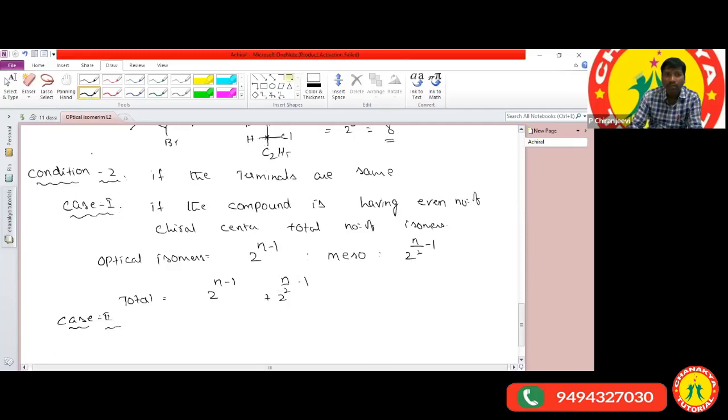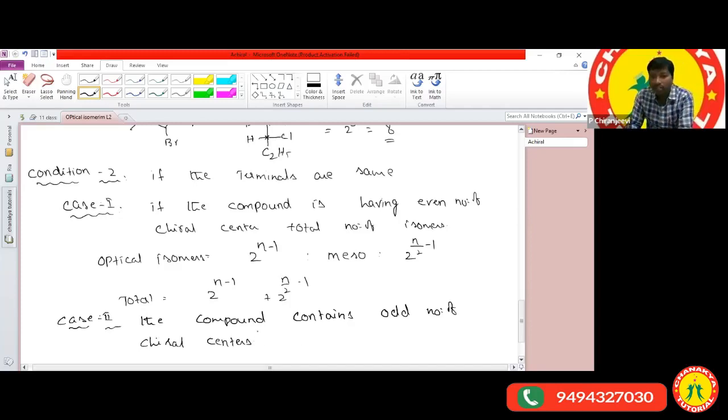In this one, the compound contains an odd number of chiral centers. Now, if it has an odd number of chiral centers, we consider the total number of optical isomers and meso compounds.